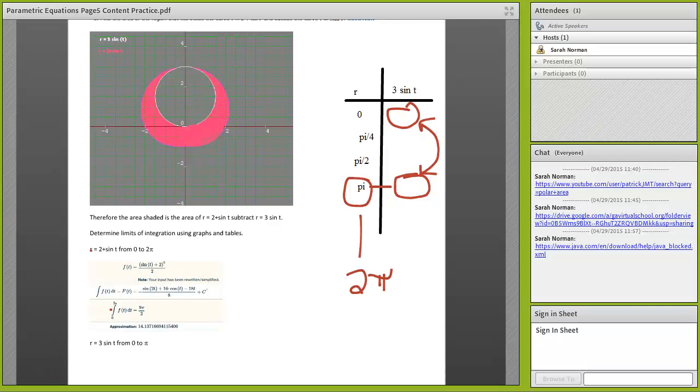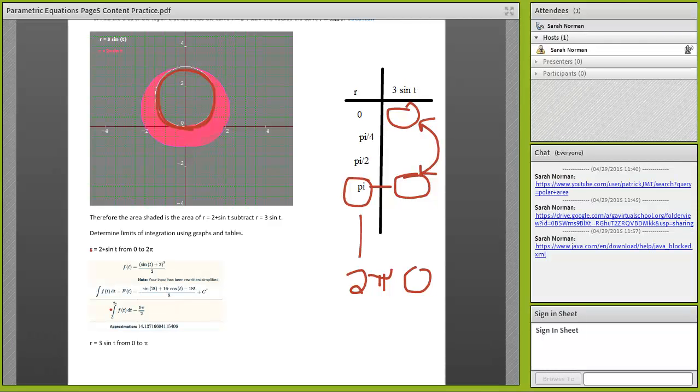If you went all the way to 2 pi, you would get one circle for 0 to pi, then another circle from pi to 2 pi, so you've actually got 2 circles. If you calculate the integral from 0 to 2 pi, you're going to have double the area that you need. Hopefully that makes sense. But that is how you're going to find the limit of integration.